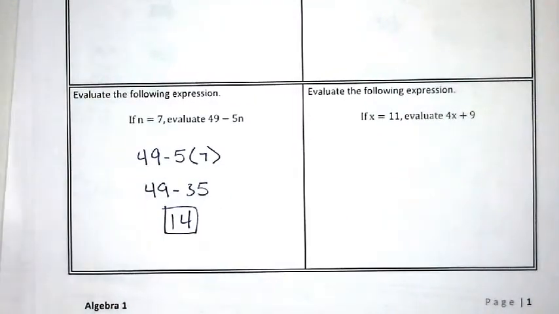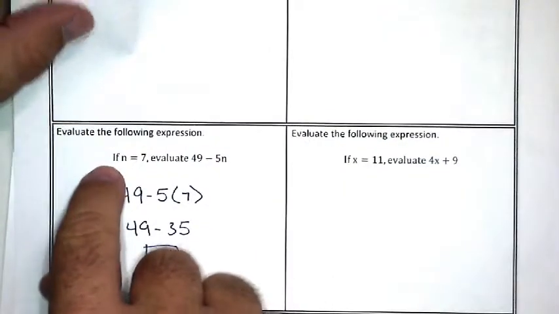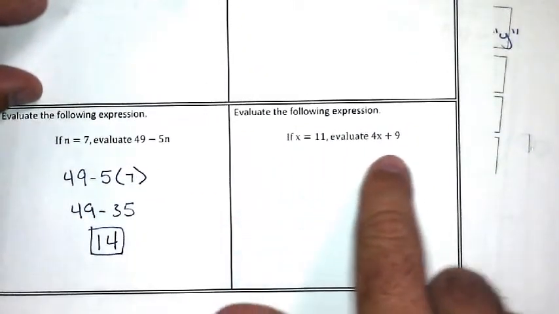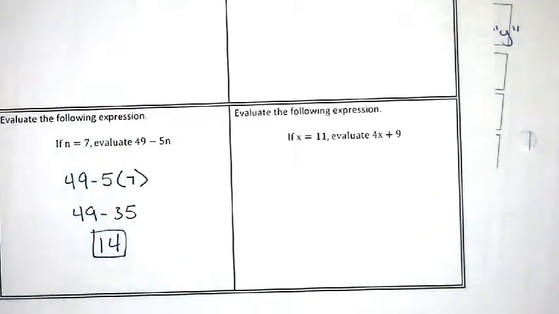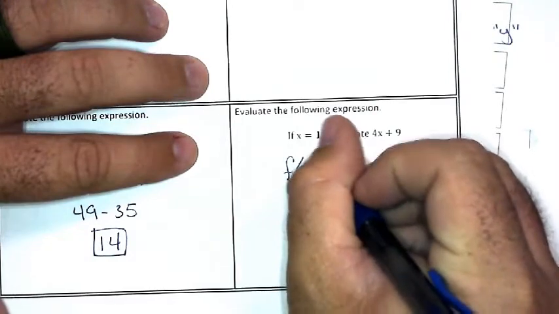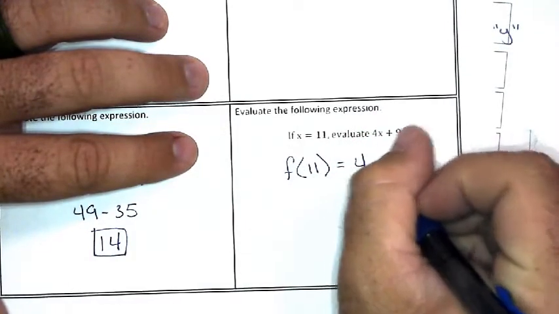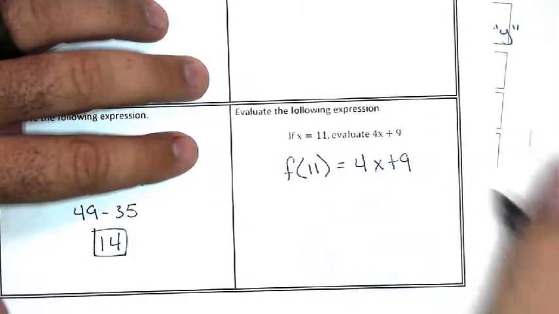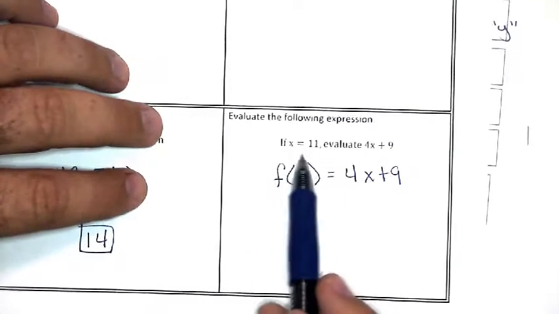You have been doing this since 8th grade. The only difference is instead of writing all of this, this is all we need to write now. Instead of writing this entire sentence, all I need to put is f of 11.